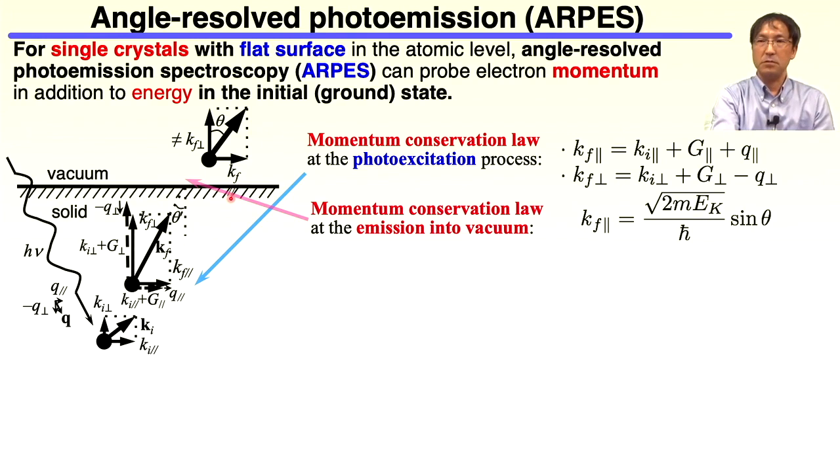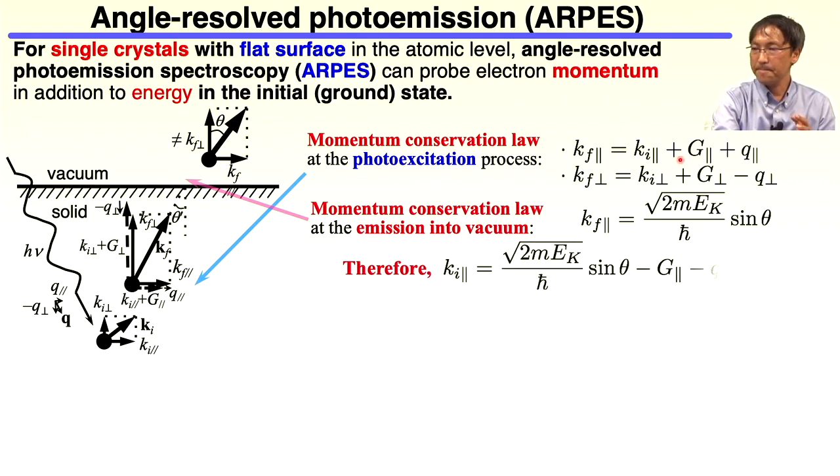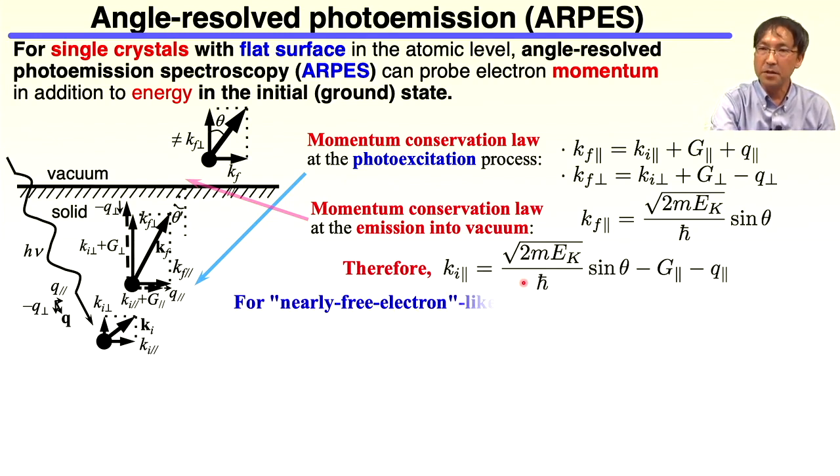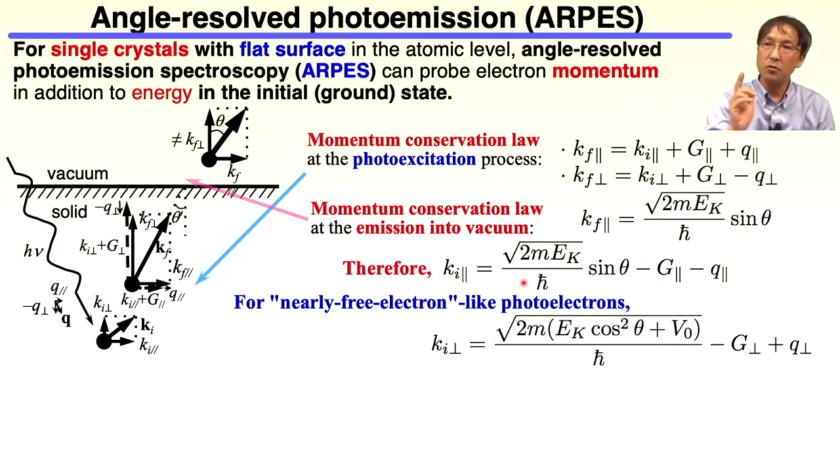Then we get the electron momentum along the surface direction, Ki parallel, by this formula.